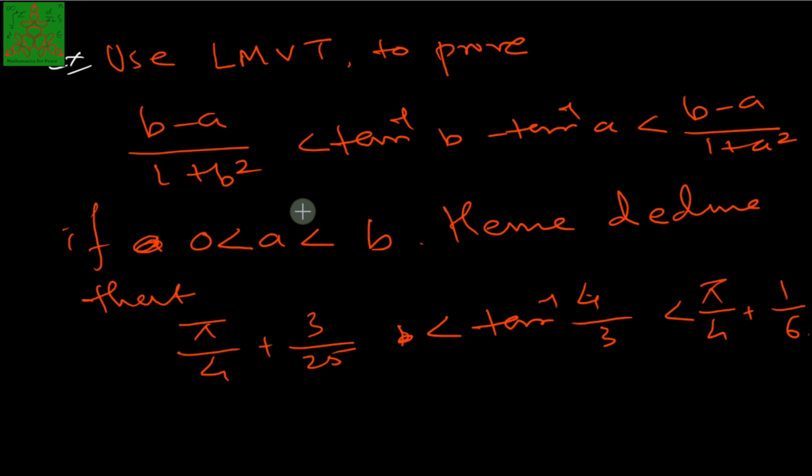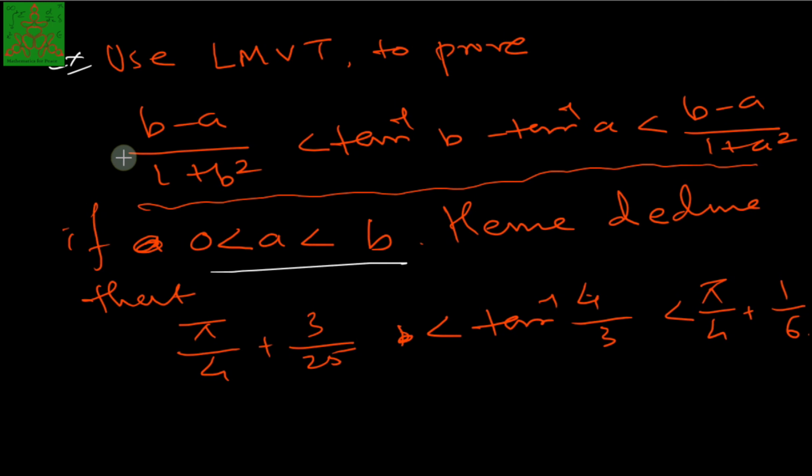Now first of all you should note what expression is given to us and how we can proceed for this example. The expression is given in this format, and if you just do some rough work by dividing by b minus a, as b minus a is a positive quantity, we'll have b minus a here.